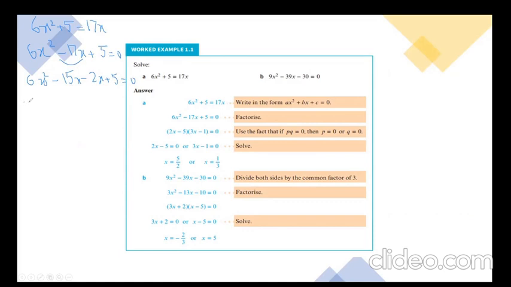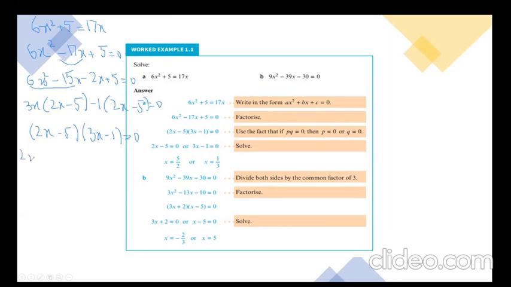So the common is 3x from this, 3x. So this must be 2x minus 5, and minus 1 common, so it's 2x minus 5 equals 0. So this must be 2x minus 5 into 3x minus 1 equals 0.